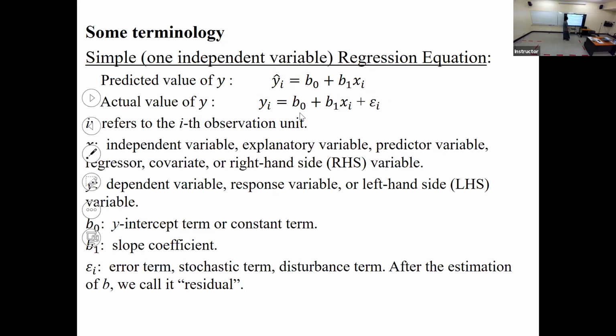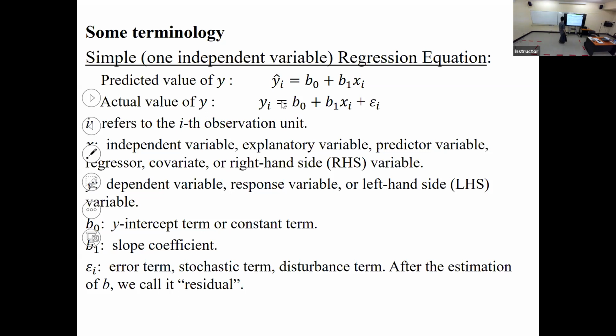As I explained yesterday, this subscript i. We often use i, but sometimes it can be k, s, p, or something else. But we often use i. So this one is the identifier of observation units. It's like an ID number. If it's household, then it's like household ID. If it's individual, then it's like individual ID.